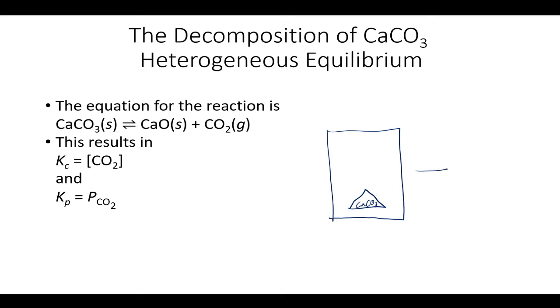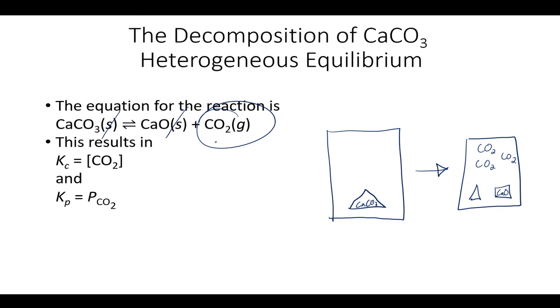And you can come back later, and you can see that some of this calcium carbonate has gone away, and you've generated a little bit of calcium oxide and some carbon dioxide gas. The equilibrium constant for this reaction, I ignore solids, so Kc is just the concentration of CO2 in the gas phase. Okay, written in terms of Kp, it's just the pressure of CO2 in the gas phase.